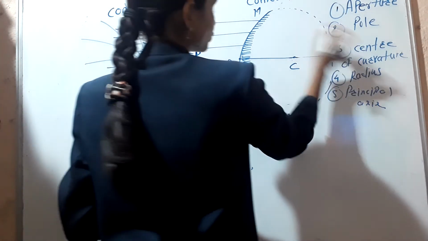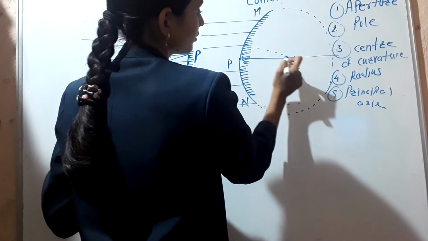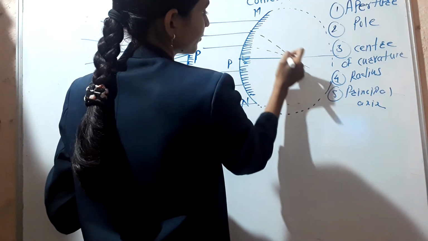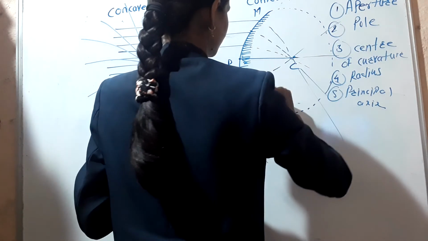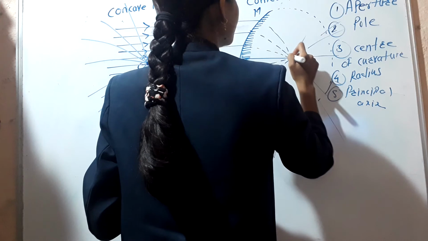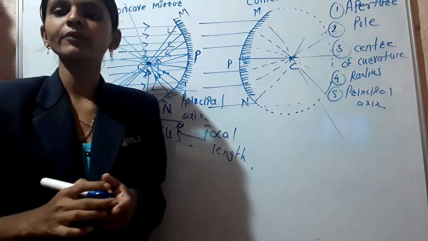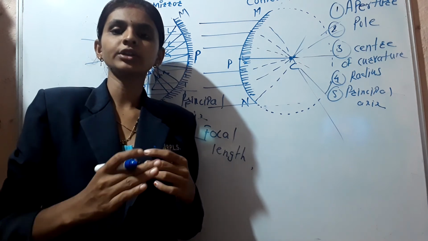The center is behind the mirror, so all the rays start to diverge. When all the rays diverge from a common point, that point is known as the focus point of the convex mirror.